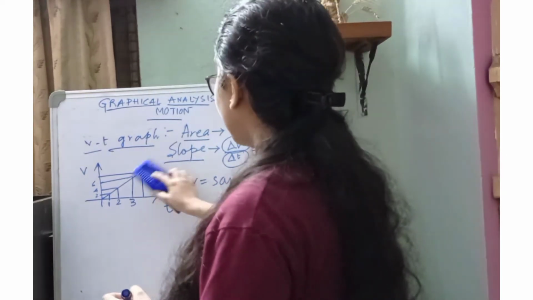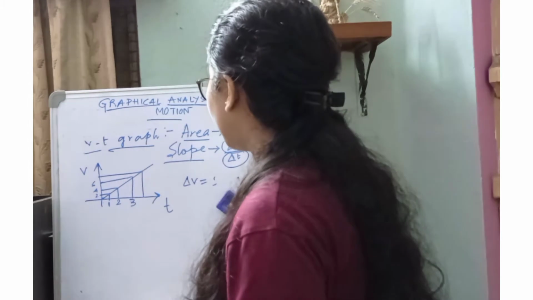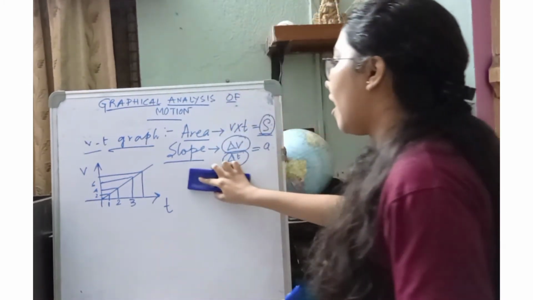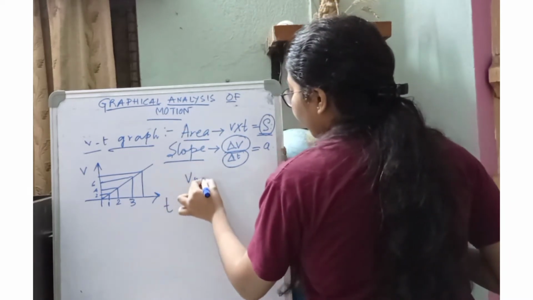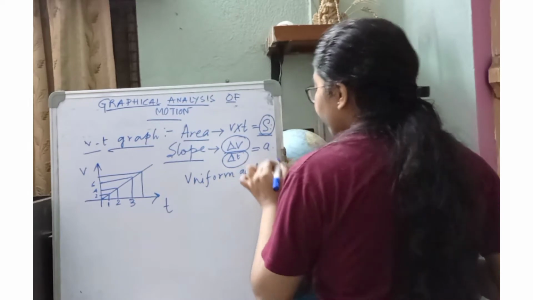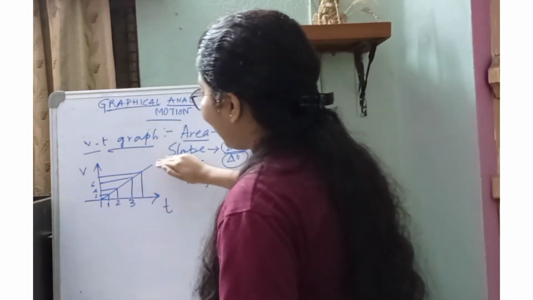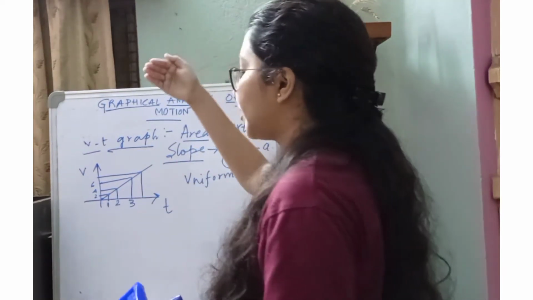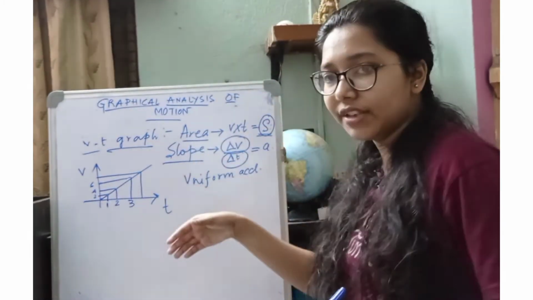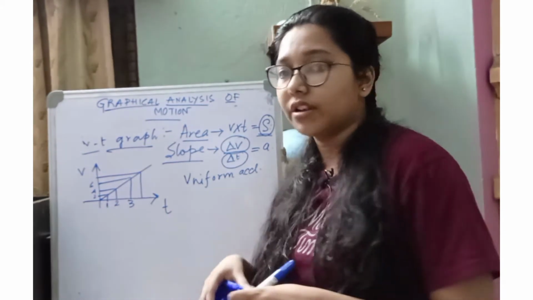So from this graph also we can go for finding out the slope. The slope will be nothing but acceleration. This is the graph of uniform acceleration. Why uniform acceleration? Because V is uniformly increasing, and uniformly increasing means the delta V is constant. So when delta V is constant, the acceleration is constant.